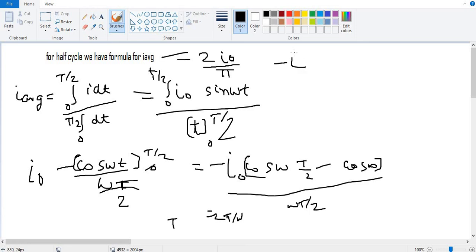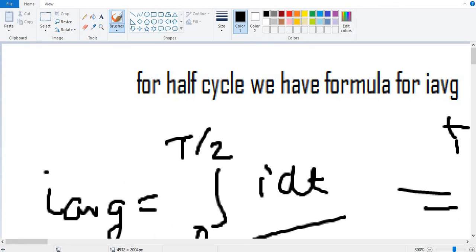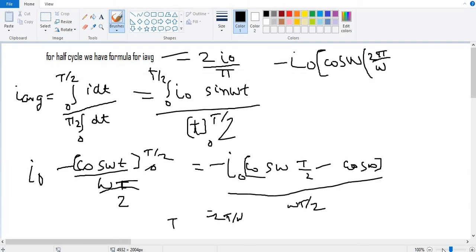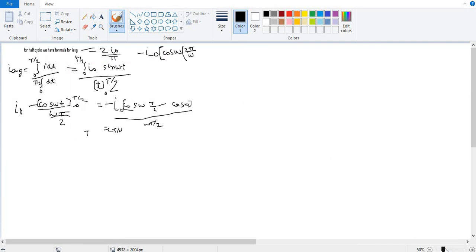So here minus I naught, cos of omega into 2 pi by omega, and we have one more 2 in the denominator from T by 2.